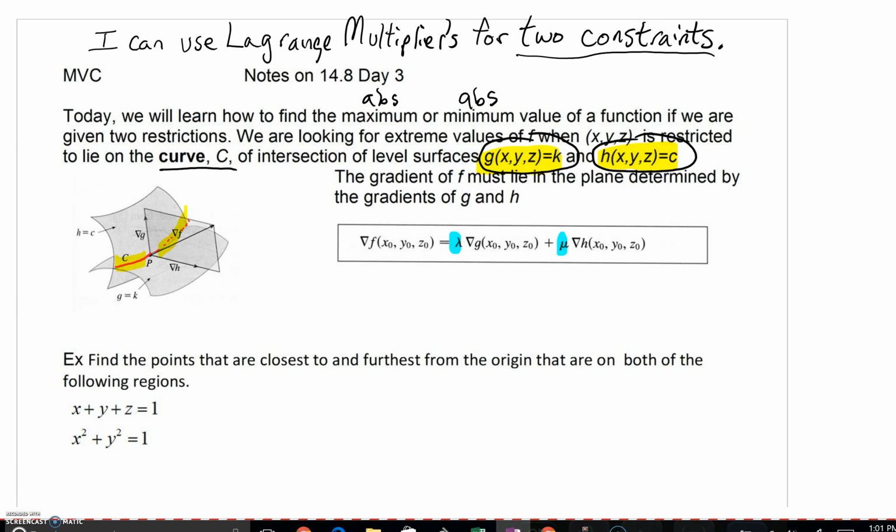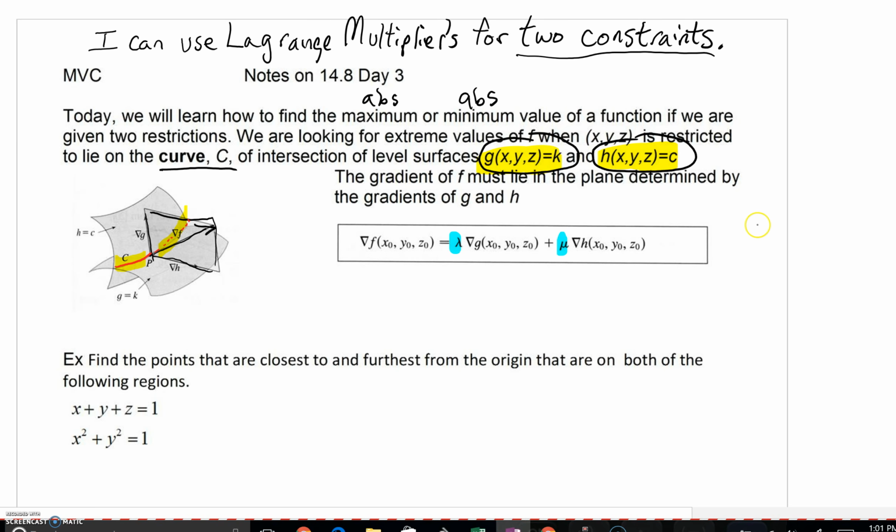This picture right here really describes what's happening. As we begin to look at F here, you can have a gradient of F coming out right here. But you can see, I've just really photocopied this from our book. You can see that we've got gradient of G and gradient of H in the mix too.